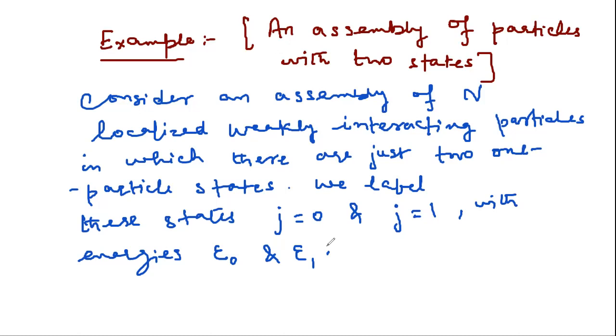So we label the states as one state is labeled by j equal to 0 and another state is labeled by j equal to 1, and these states have energies. Epsilon naught is the energy of the j equal to 0 state, and epsilon 1 is the energy of the state j equal to 1.